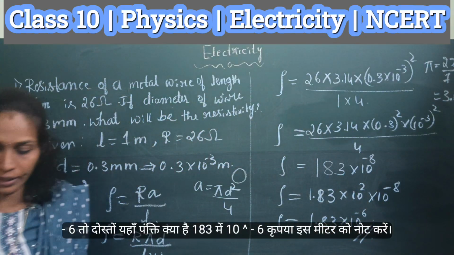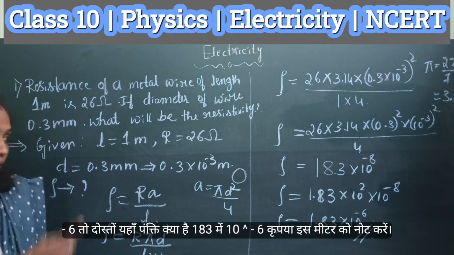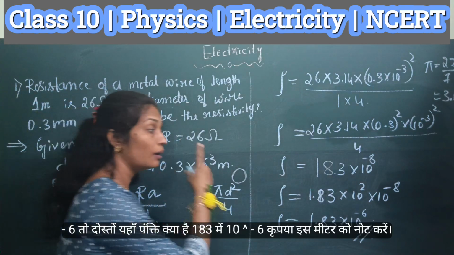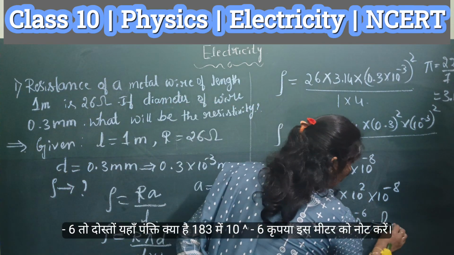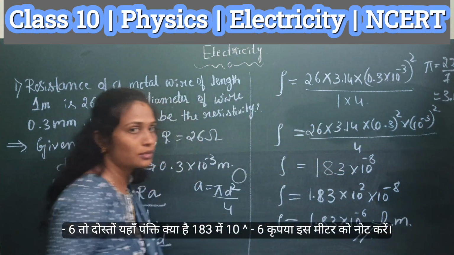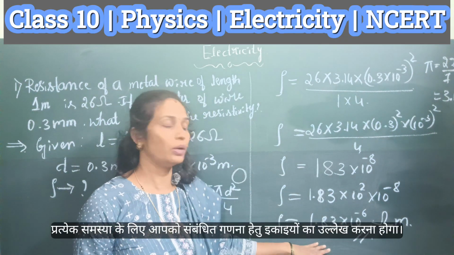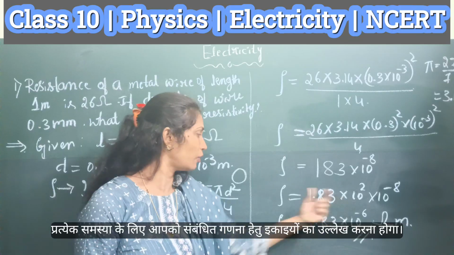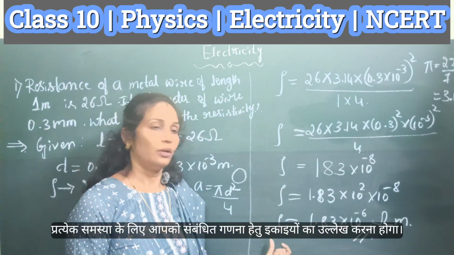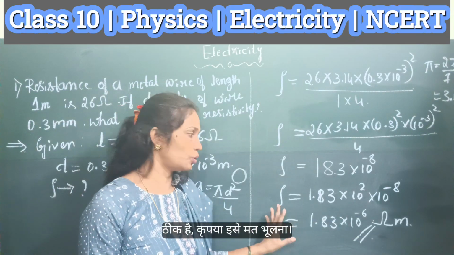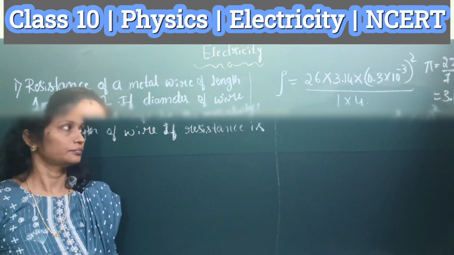So what is rho here, guys? 1.83 into 10 to the power of minus 6. Please note down the unit, ohm meter. This is very important: you have to mention the units for the respective calculation in every problem. Please don't forget that, you will lose the marks.